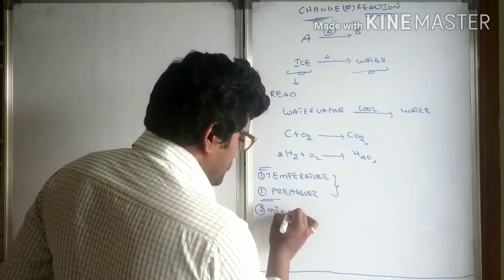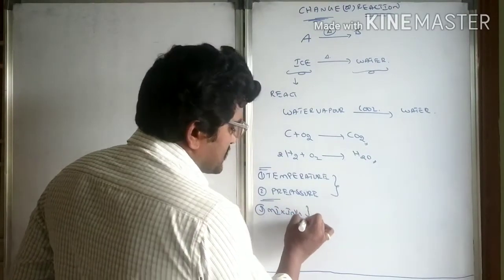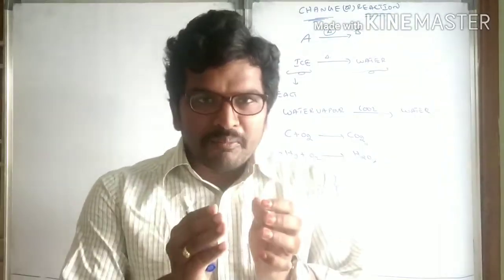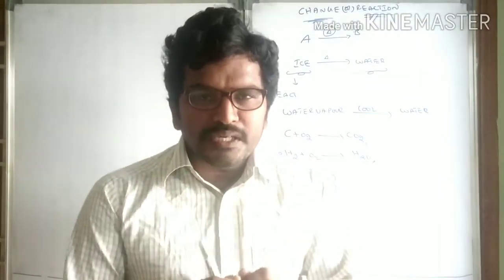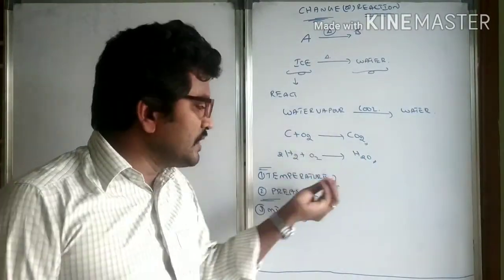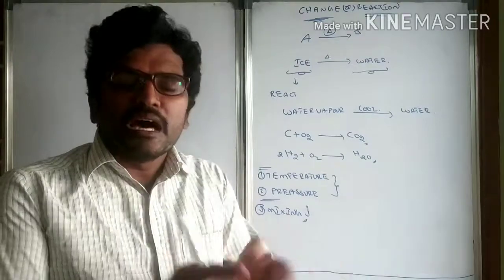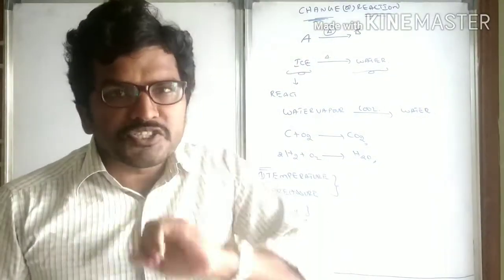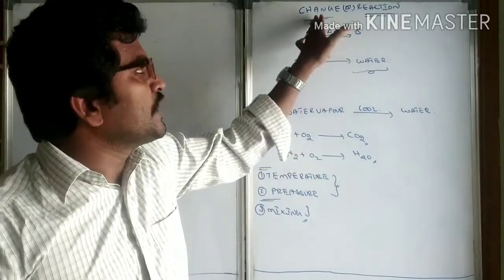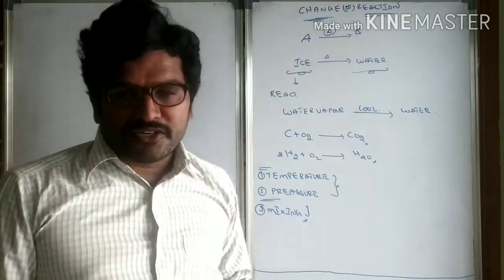Basically, whenever there are two components brought together, and any parameter like the temperature or pressure of the surroundings changes, or when they are mixed, they will change from one state into another state. That is known as change or reaction.